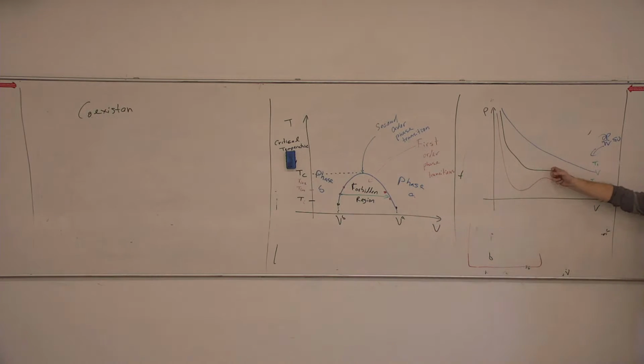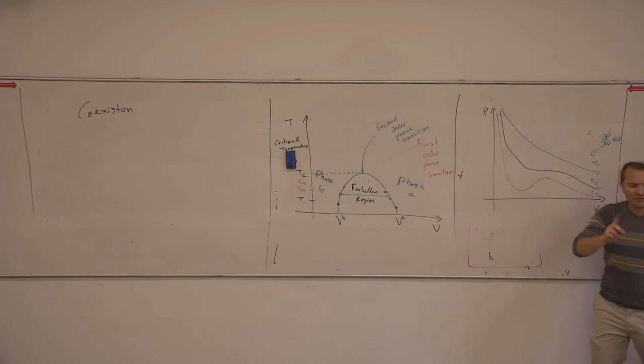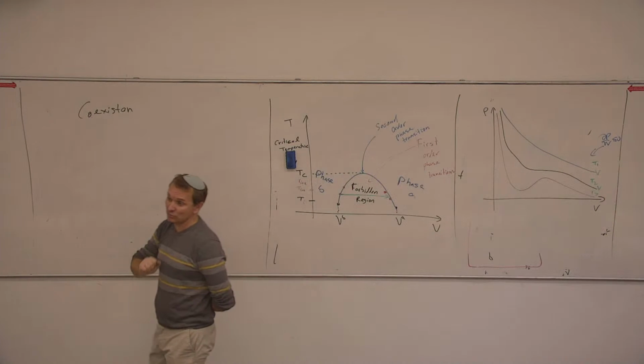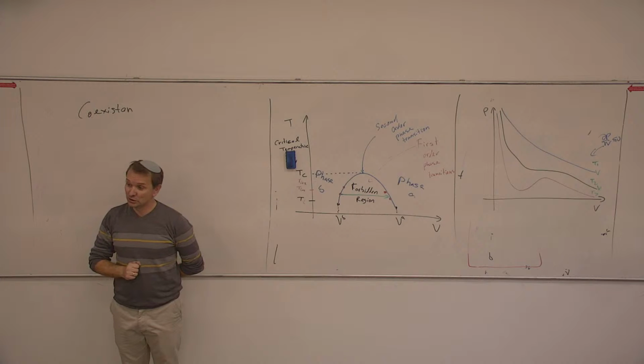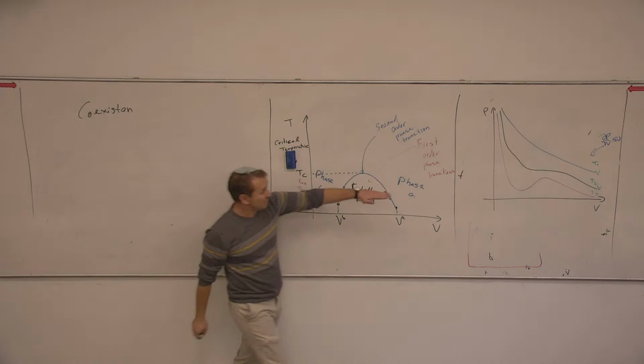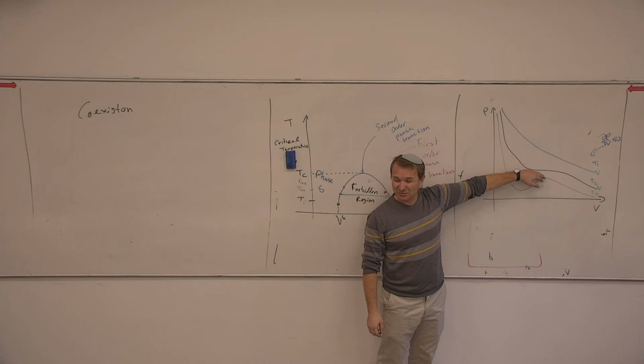You can go to the PV equation and search for the condition where the first order derivative is 0 and the second order derivative is 0 as well. So you don't have a minimum and a maximum. You have a single point where the derivative is, I don't know the term in English.